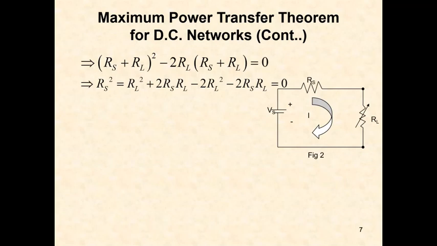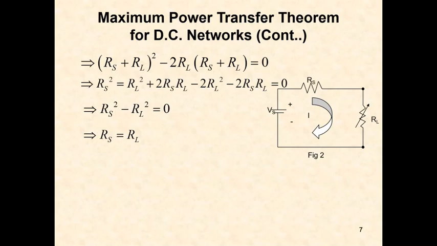So Rs square minus RL square is equal to 0, so Rs is equal to RL. So in a DC circuit, the circuit resistance is equal to the load resistance.